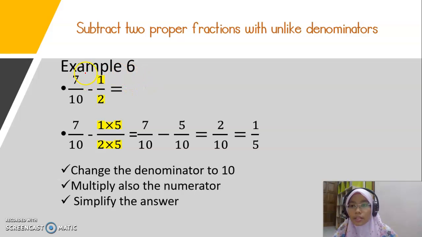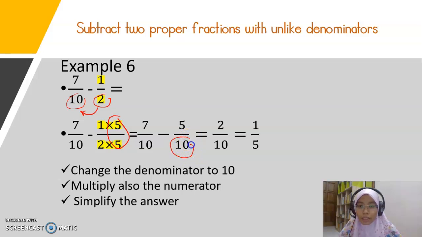Example 6. 7 over 10 minus 1 over 2. So, 2 and 10 is not same. We have to change it to 10. With what? Times with 5. 1 times 5, 5. 2 times 5, 10.